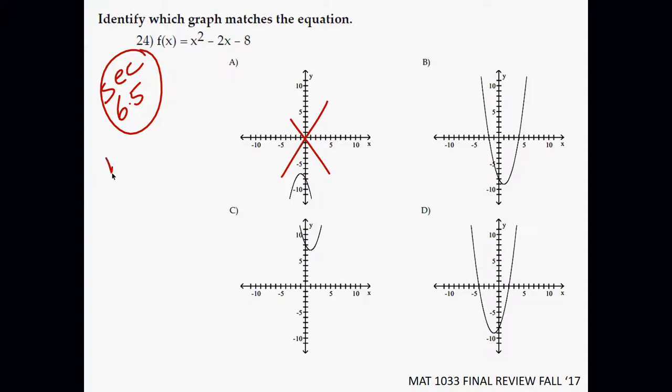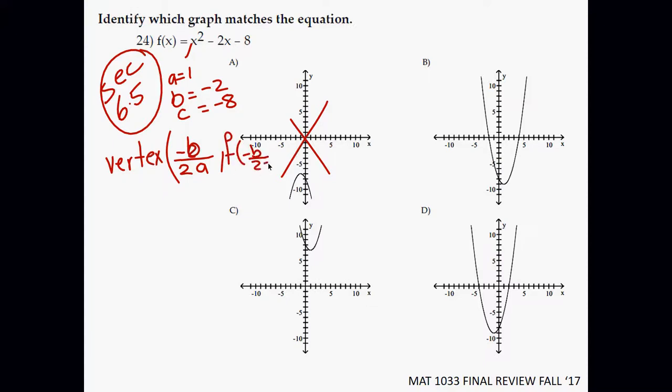The vertex, if we follow the formula, is negative b over 2a, where a here is 1, b is negative 2, and c is negative 8. The vertex will be negative b over 2a, and f of negative b over 2a.